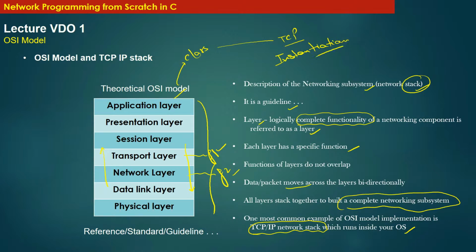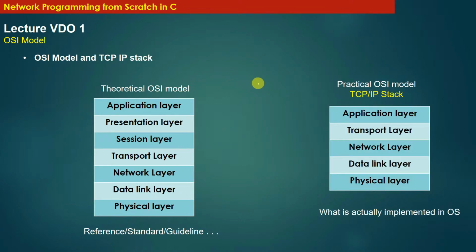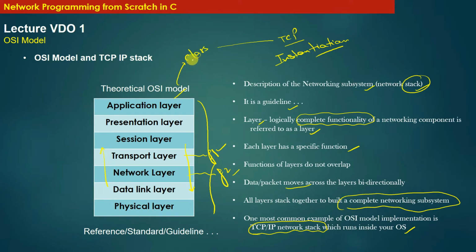If you have done a little bit of object-oriented programming, there you have a class and you instantiate a class to form an object. The same thing is here. The OSI model is like a class and you instantiate it to create an object. So this is the relation between them. The OSI model is a reference, whereas the TCP/IP stack is an actual implementation of the OSI model.